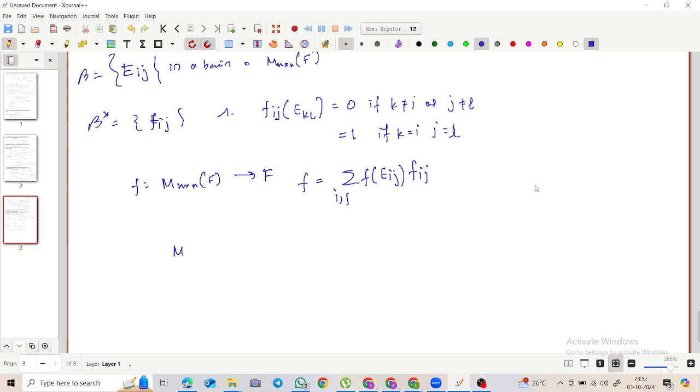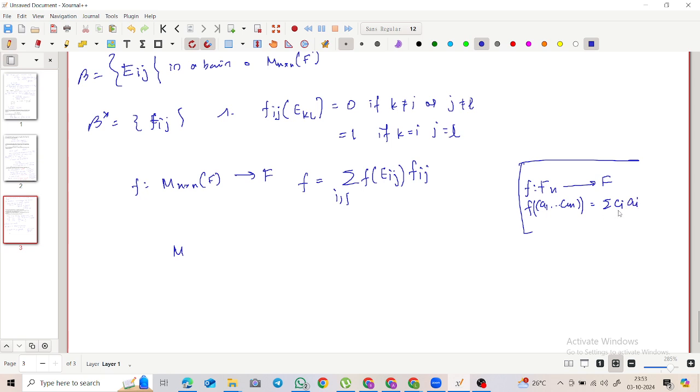And we know that any linear functional from F^n to F was of the form summation c_i a_i, right?